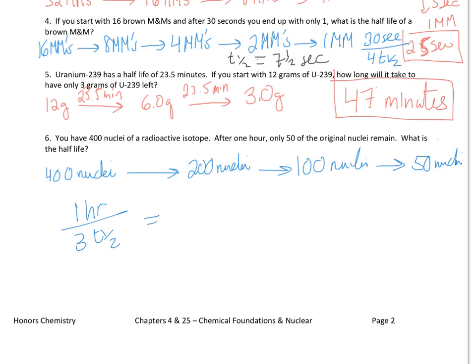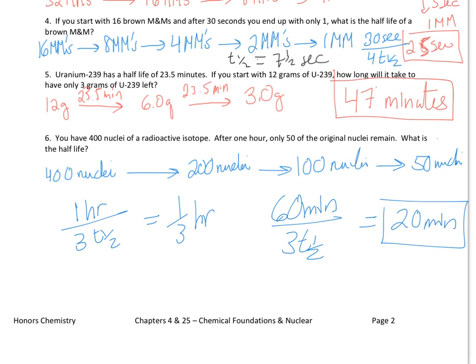So that's 1/3 of an hour. Or you can say 60 minutes instead, divided by 3 half-lives, and so it'd be 20 minutes. So you can either say a third of an hour or 20 minutes. 20 minutes would probably be better. In chemistry, we don't usually use fractions. We typically use decimals if possible.